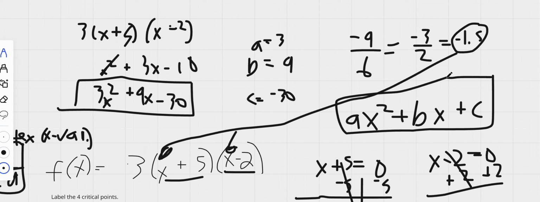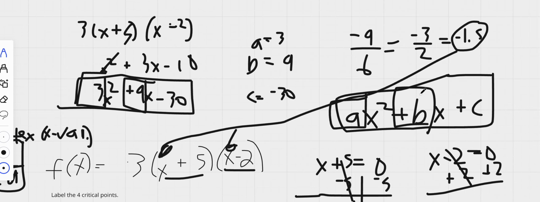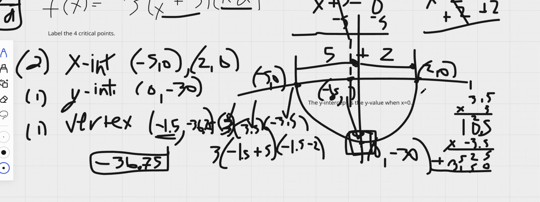So the vertex of a parabola is negative b over 2a. So it's whatever this value is with the sign flipped. So it's negative 9, because 9 flipped. And then 2 times whatever this number is, so it's going to be over 2 times 3. That's how we got negative 9 over 6. All right, hopefully this was helpful, and thank you very much.